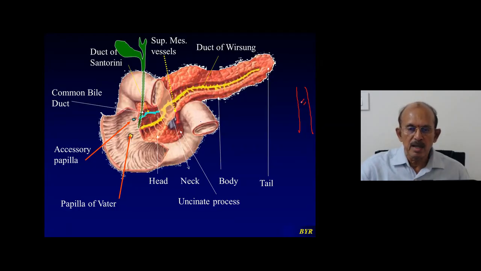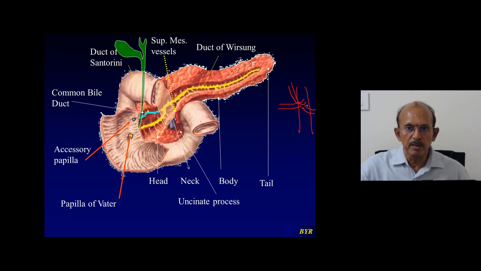Immediately afterwards, it divides into 3 branches. One branch goes like this. This is the hepatic artery. One branch goes like this. This is the splenic artery. And one branch goes upwards like this. This is the left gastric artery.